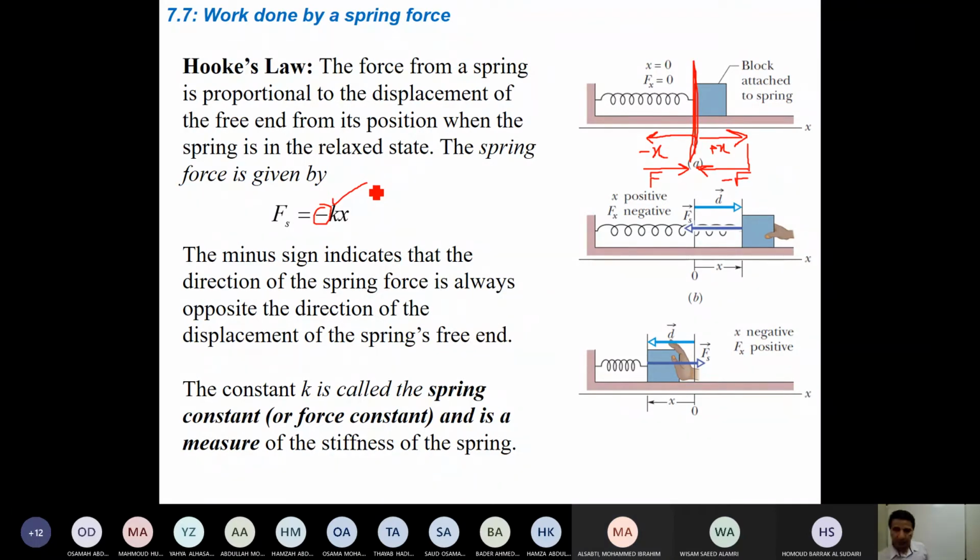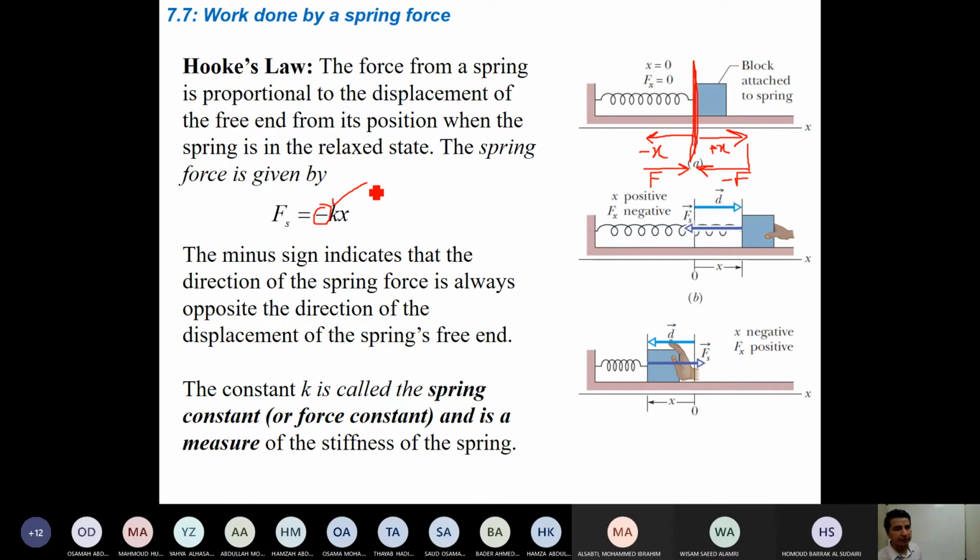By this example, I want to establish that the force depends on how much you stretch the block away from the equilibrium position, in either this direction or that direction. In any direction you stretch the block, it will give you that kind of force. So the force is no longer constant.